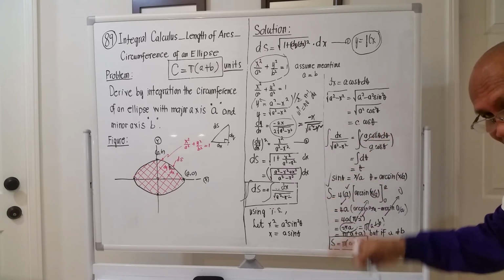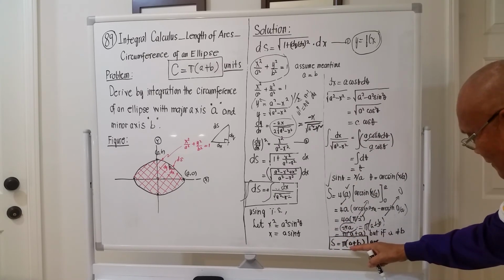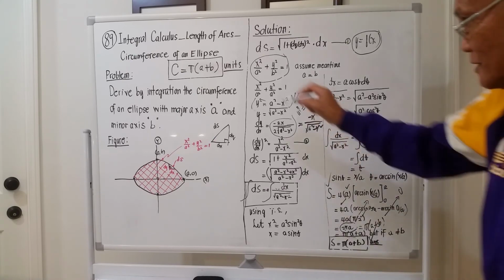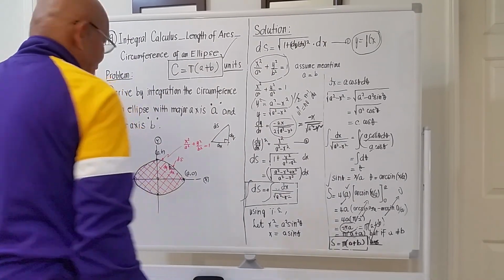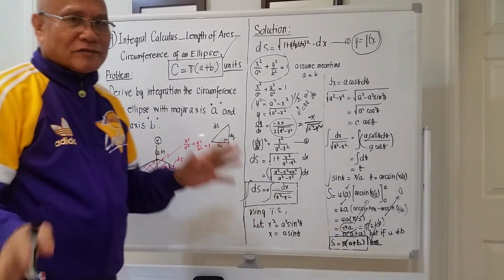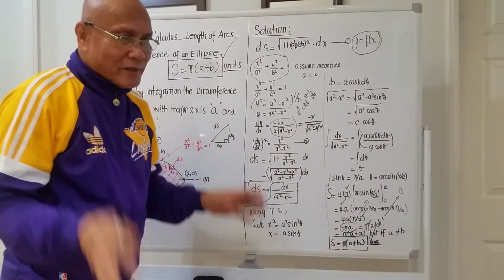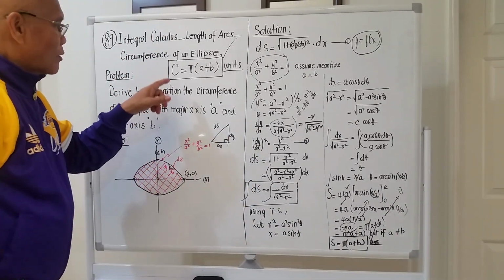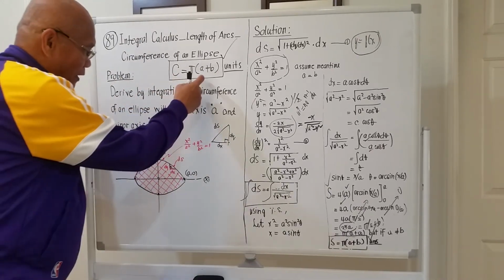Or as a general formula for the circumference of an ellipse, it will be pi times the quantity a plus b. Major axis, minor axis, units. So it is this. So for my colleagues who are teaching lower mathematics, the formula you are using for taking the circumference or perimeter of an ellipse is circumference equal to pi times the sum of a plus b.